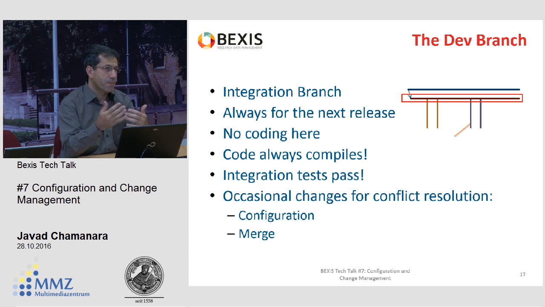Those conflicts or merges should be fixed on the dev branch, but no coding, no fixing on the dev branch should happen. If there is such a need, the merge should be rolled back to the merging branch, for example the module branch, and then everything should be fixed there, and then the fixed version should be merged again to the dev branch.